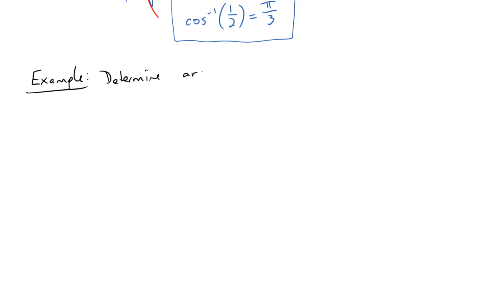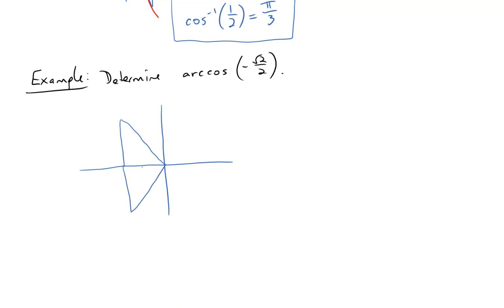Determine arc cosine of the input -√2/2. So again, our horizontal side is -√2/2. So now we're looking at reference triangles where we're going to the left. And the horizontal side for both is -√2/2 and a hypotenuse of 1.